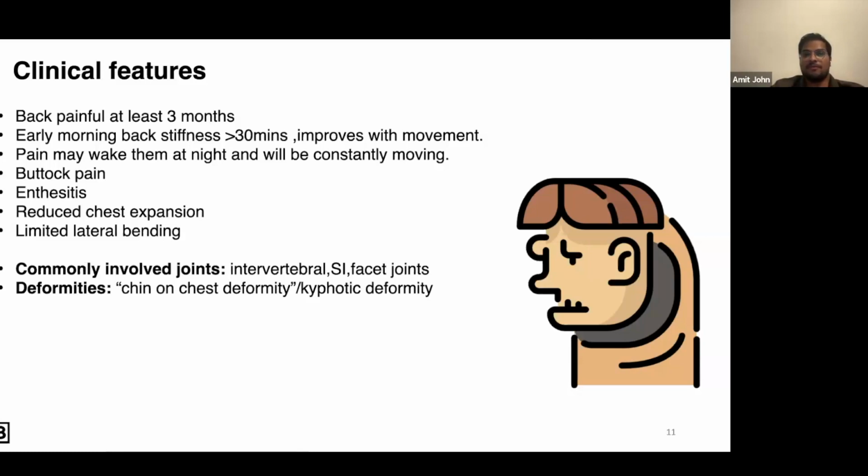Commonly involved joints are the intervertebral joints, sacroiliac joints, and the facets. Deformities later on, like this diagram which I found, show a chin-on-chest deformity because of the severe kyphosis.